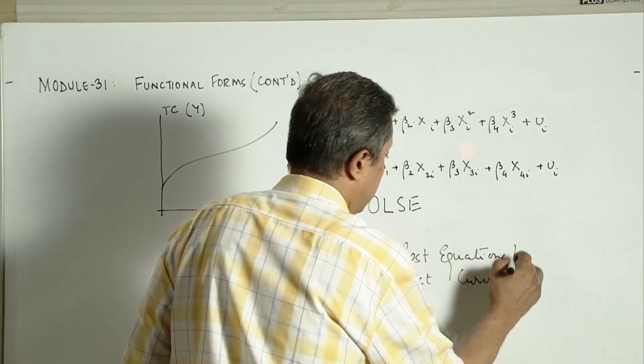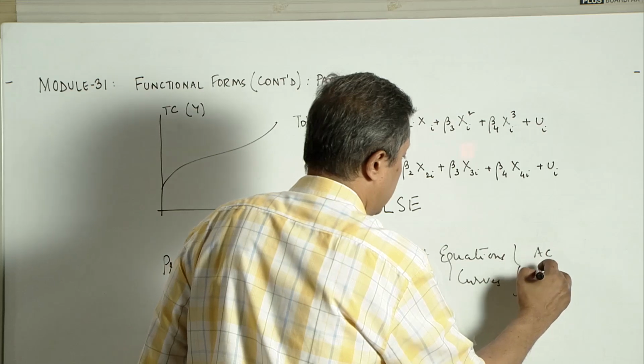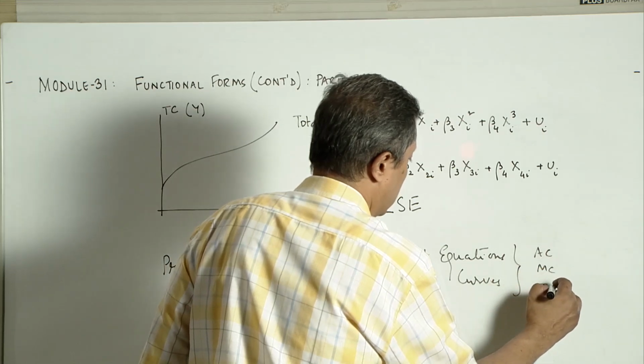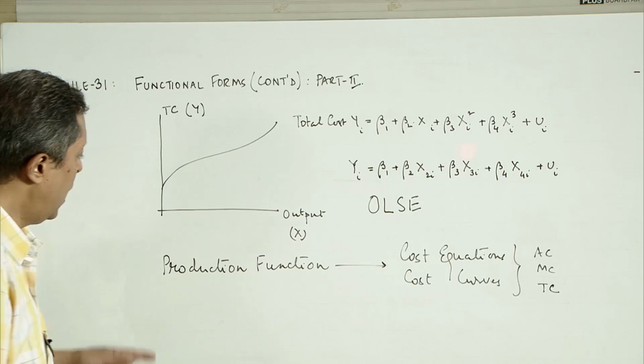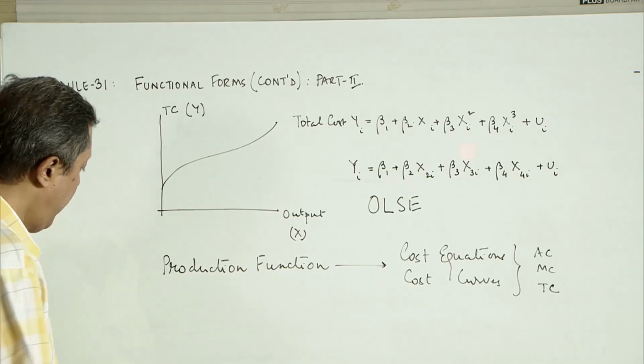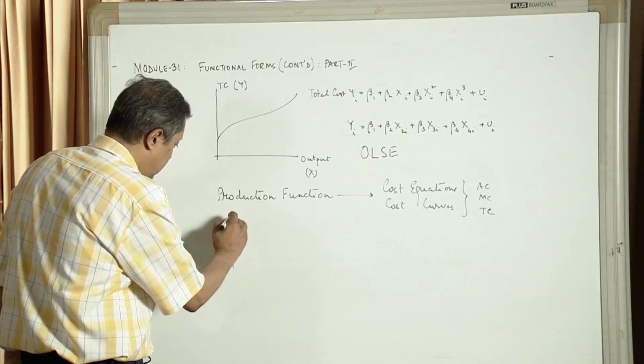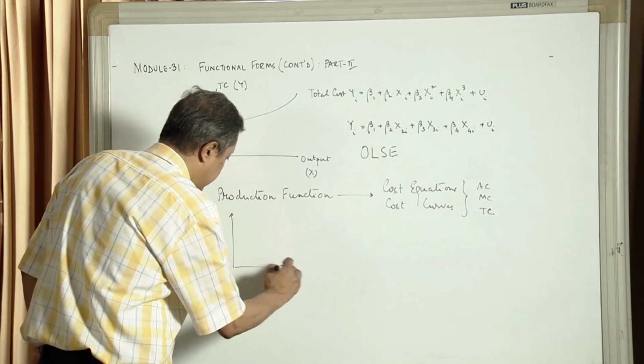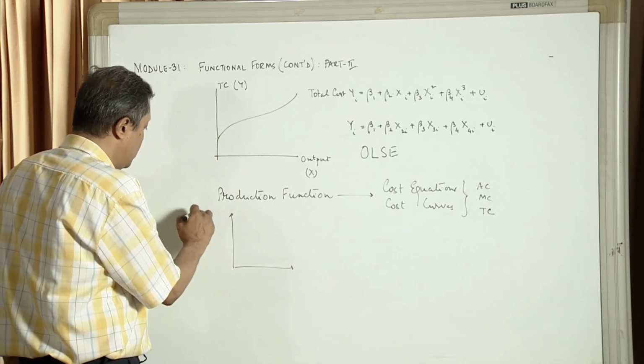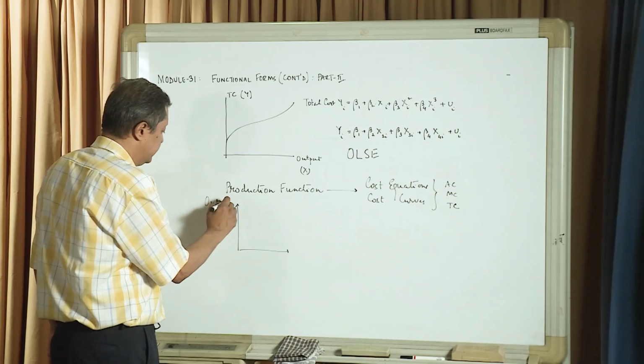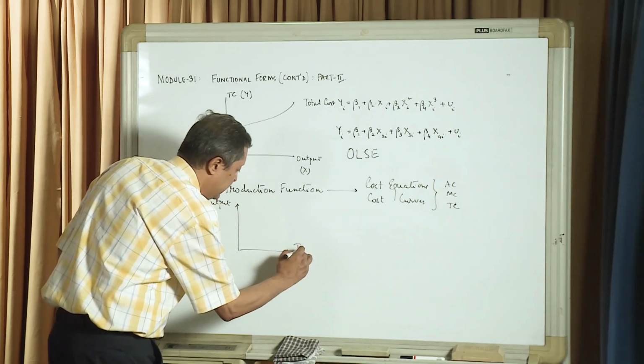For example, we had average cost, marginal cost, total cost. So, how does the production function look like? The production function typically shows the relation between output and input.